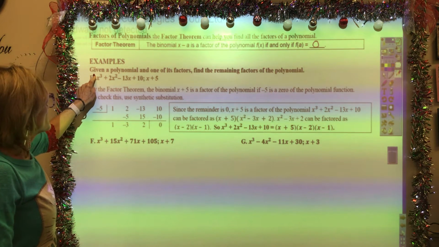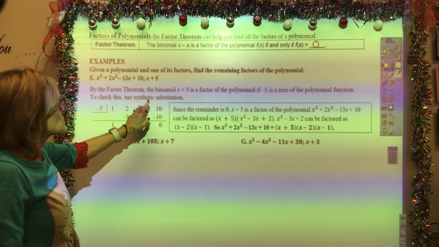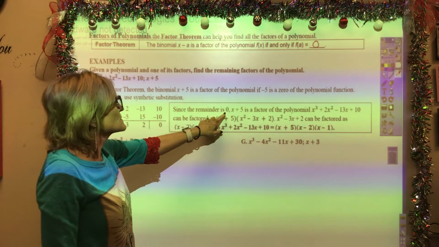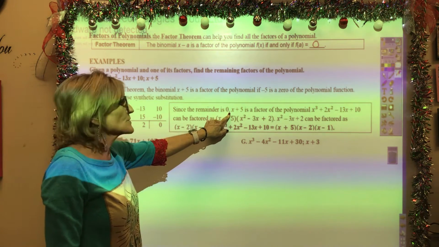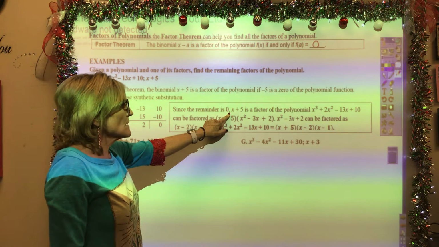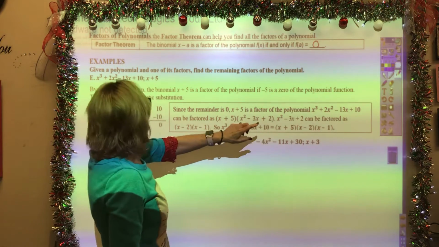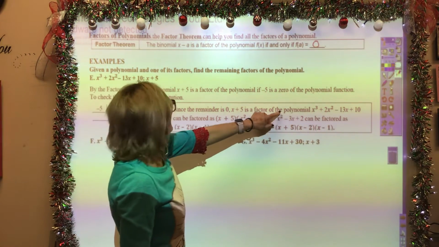Okay, and let me say this first. Since the remainder is 0, x plus 5 is already a factor of the polynomial. All right, and here's the given polynomial right here.